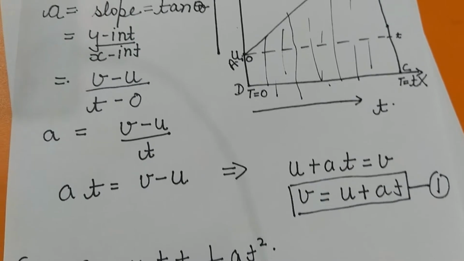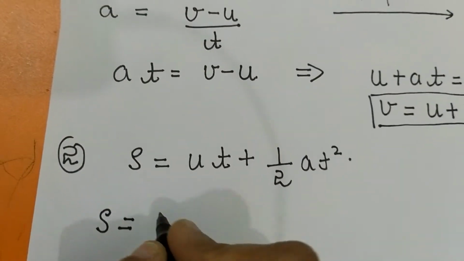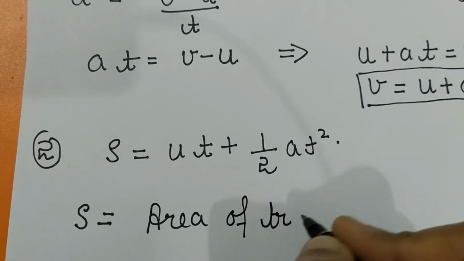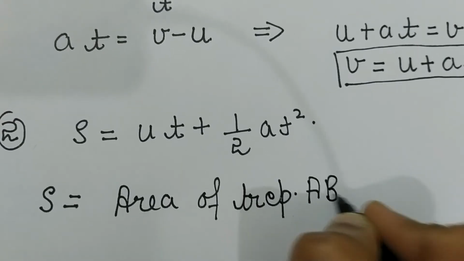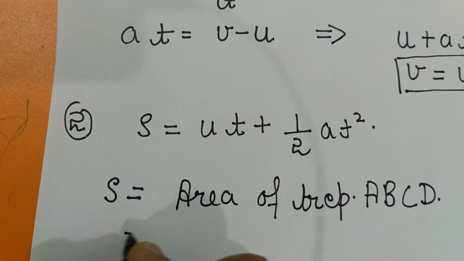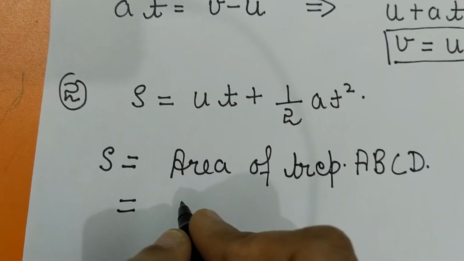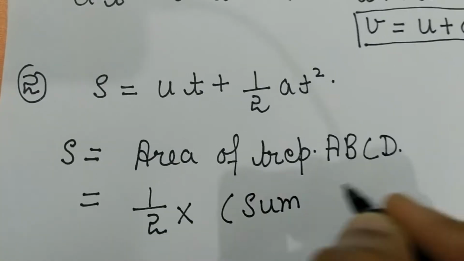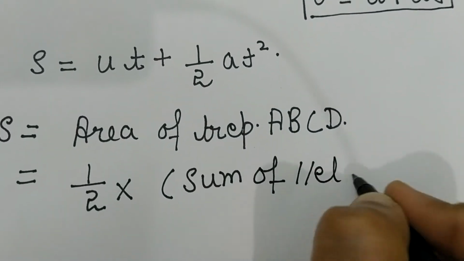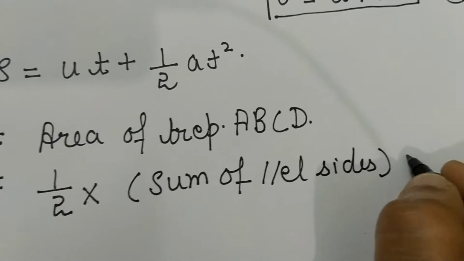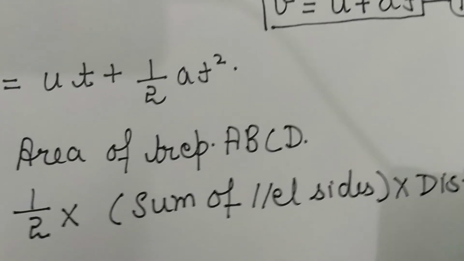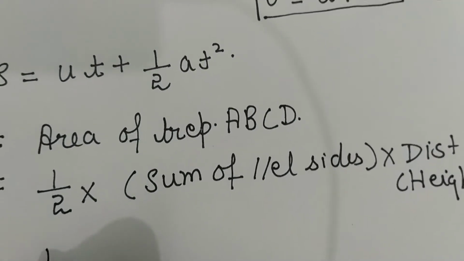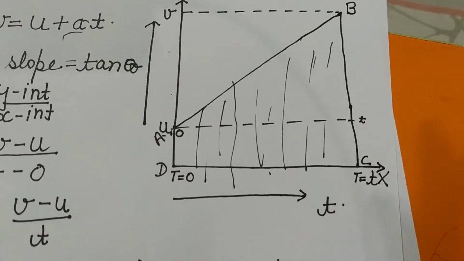So what will be the area of the trapezium? s is equal to the area of trapezium ABCD. The formula for the area of a trapezium is 1 by 2 into the sum of parallel sides multiplied by the distance, or we can say height. Which are the parallel sides?